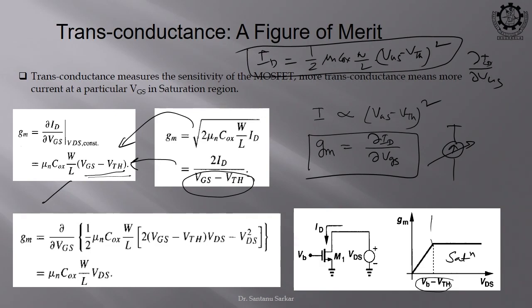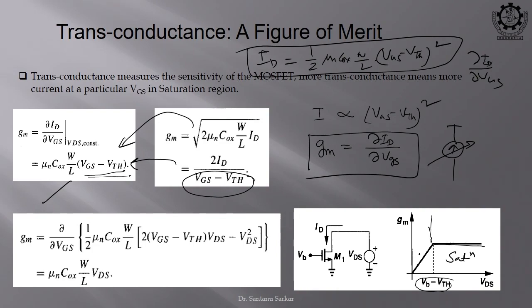When VDS is more than the overdrive voltage. What is that point? VB minus VTH. If it enters the saturation region, your current expression is half mu n CoX W by L VGS minus VTH whole square. So, there is no dependence on VDS. So, my GM will become flat.